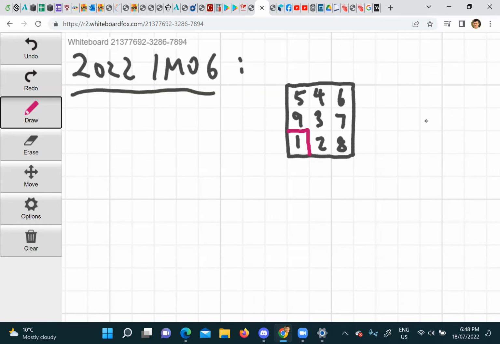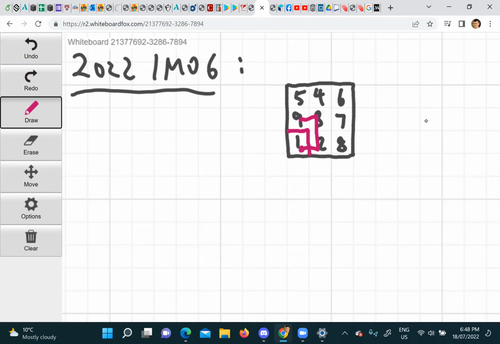So the path could start at 1, which is a valley, yeah? For it to be an uphill path, every number it goes to has to be bigger than the previous one. So it goes here, it could go to 3, and then it could go to 9. But 9 can't go any further because it's the highest.